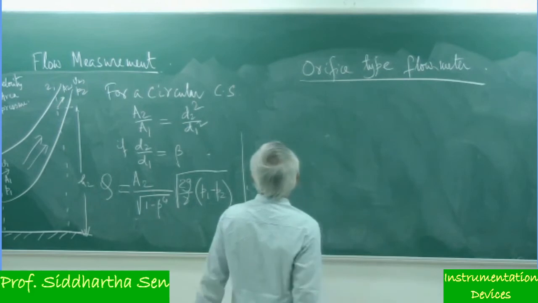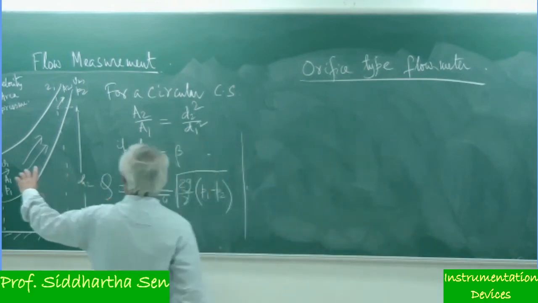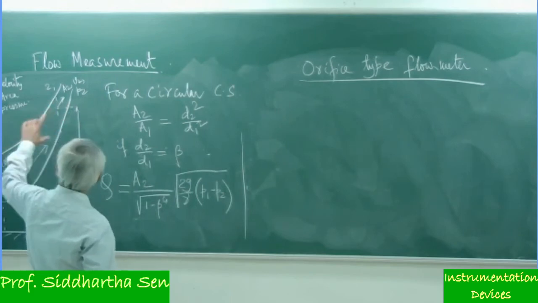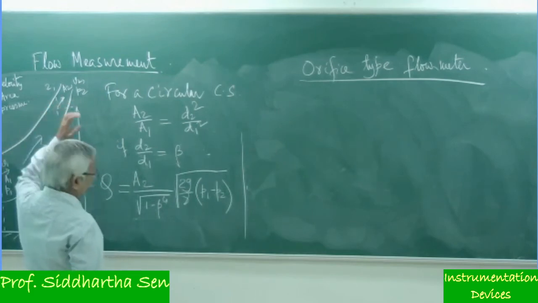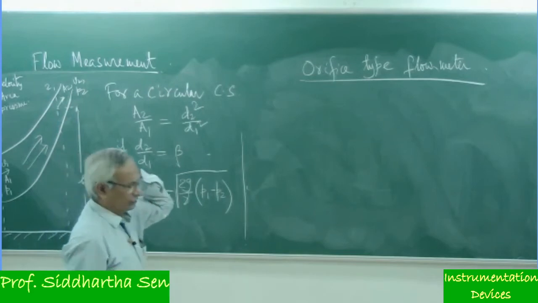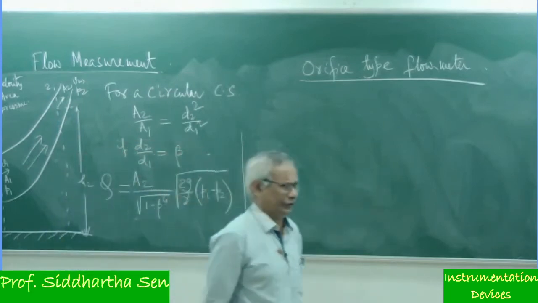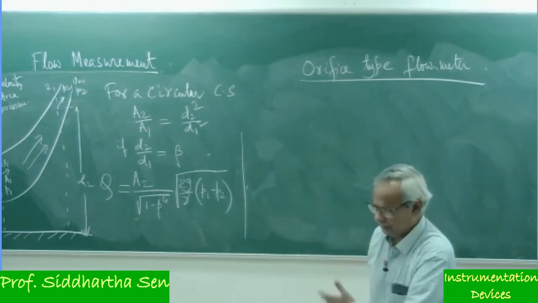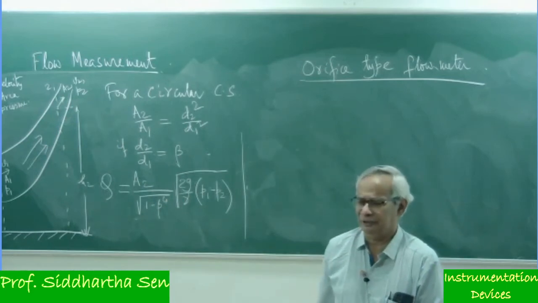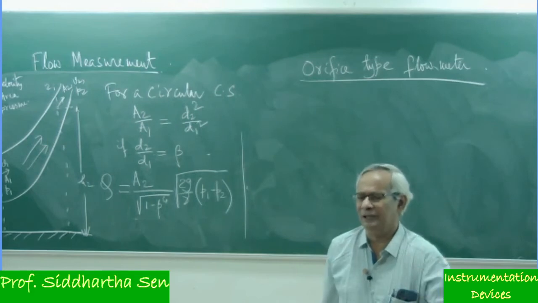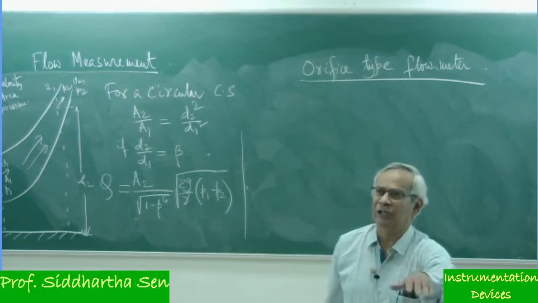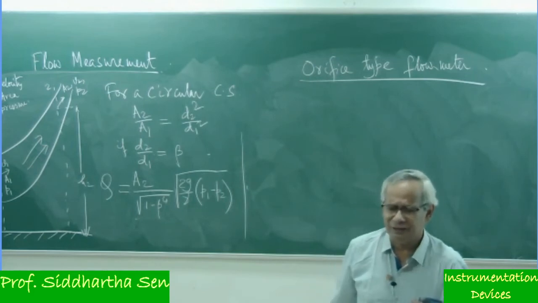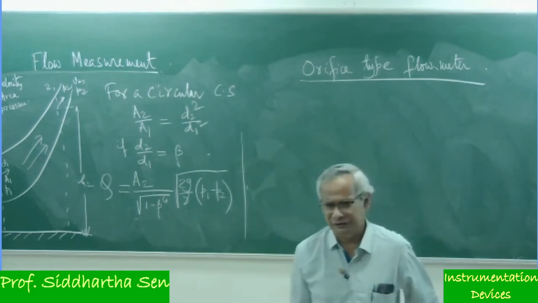You can see that I have considered a pipeline of non-uniform cross section, but the pipeline is horizontal. Always remember that the orifice plate is one of the simplest examples of flow measurement. The pipeline always has to be horizontal. Otherwise, we need to incorporate some extra corrections.